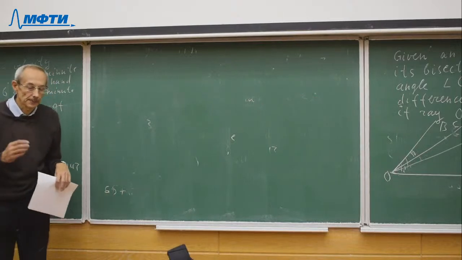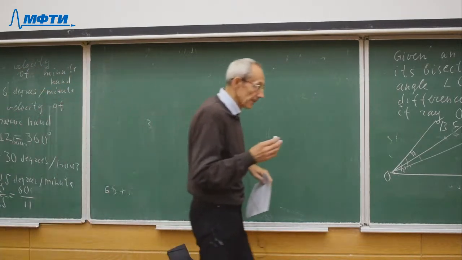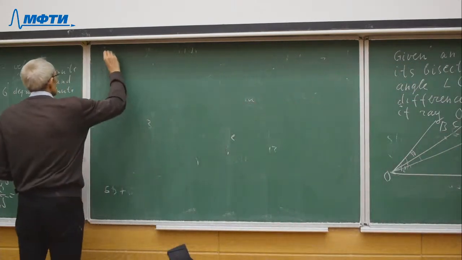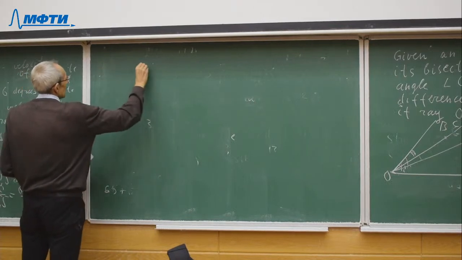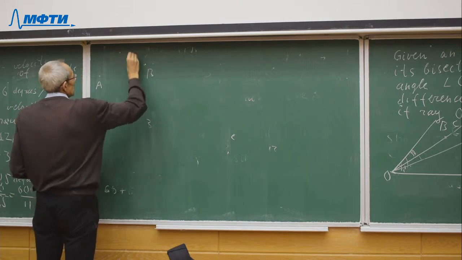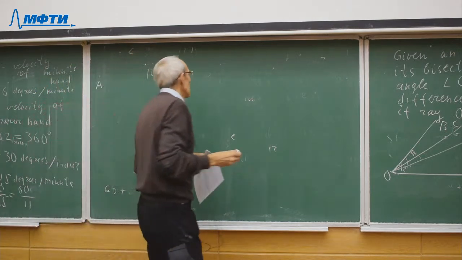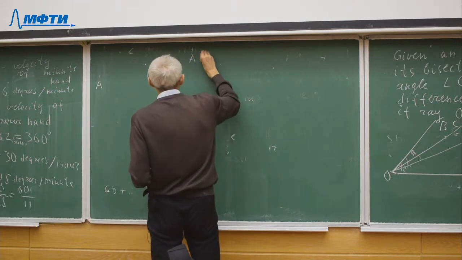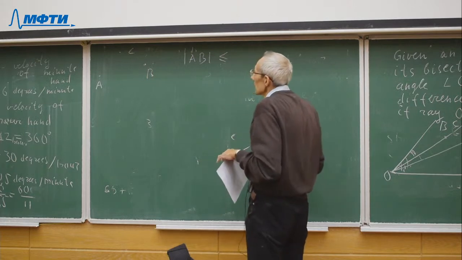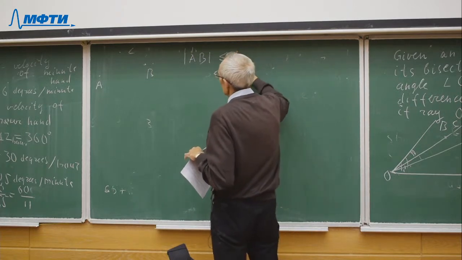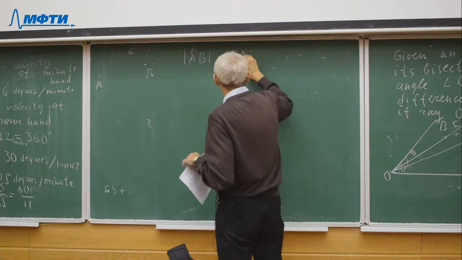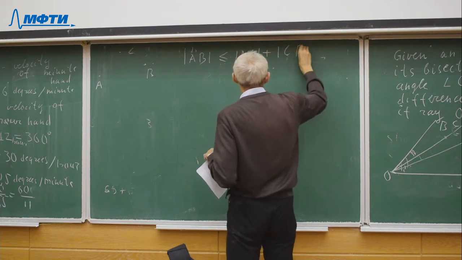We need to use the triangle axiom. I recall this axiom. If we have 3 points A, B, C, the distance AB is less or equal to the sum of distances AC plus CB.